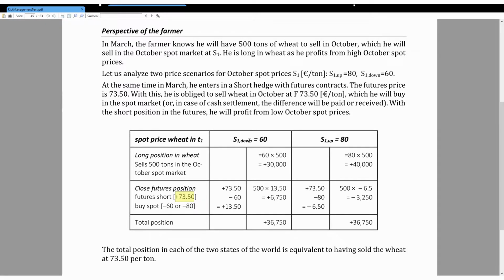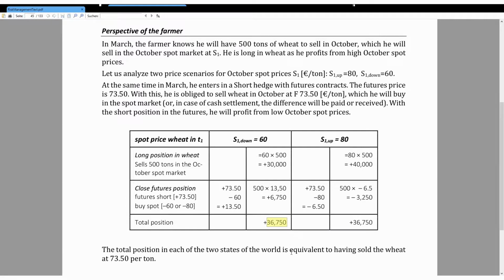So if the price goes down, his futures position is worth 13.50 per ton, which adds up to 6,750, which means if the price in the spot market goes down, he makes an extra 6,750 in the futures market, so his total revenue is 36,750.